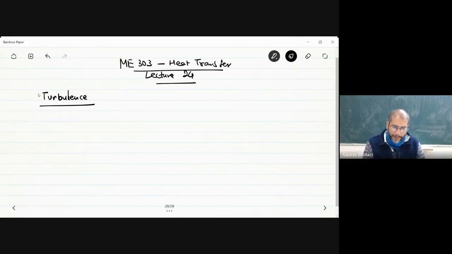So when we say turbulence, what comes to our mind is mixing, enhanced mixing. When the flow is turbulent, there's a lot of mixing that happens in the flow. We see a lot of swirls or vortices, and because of this mixing, there is an enhanced diffusion of momentum and energy.